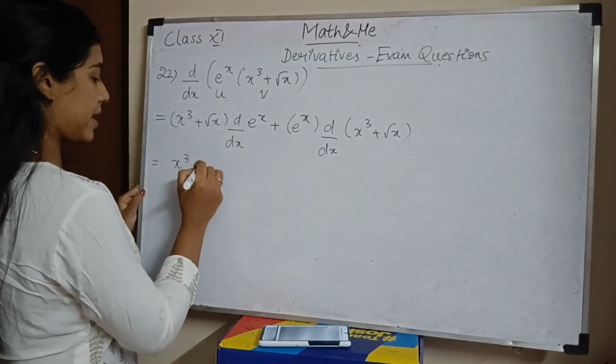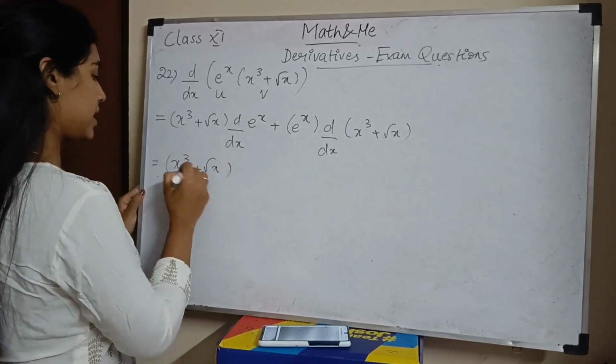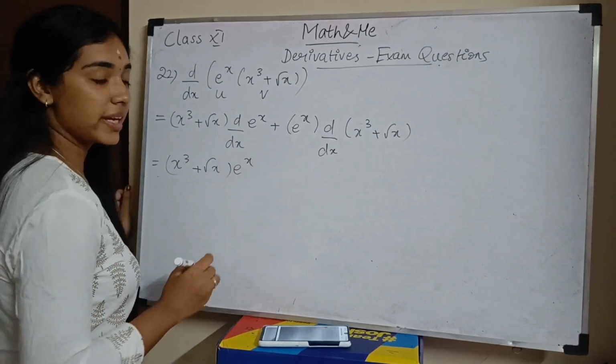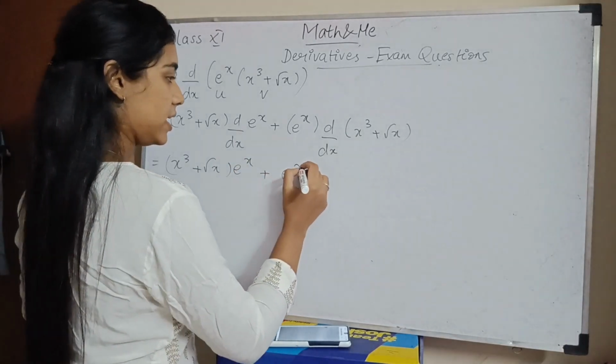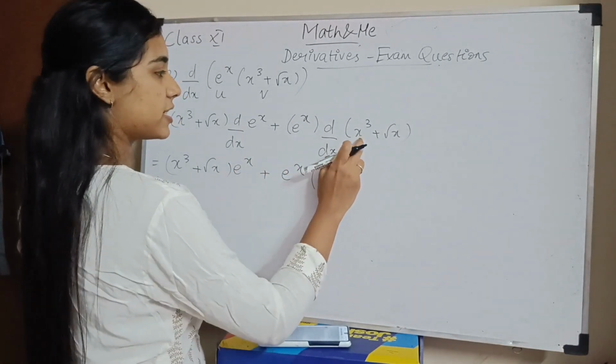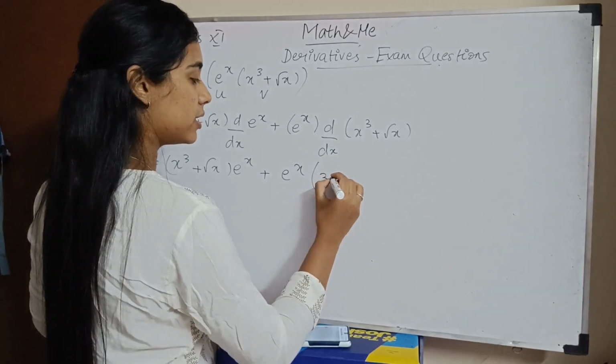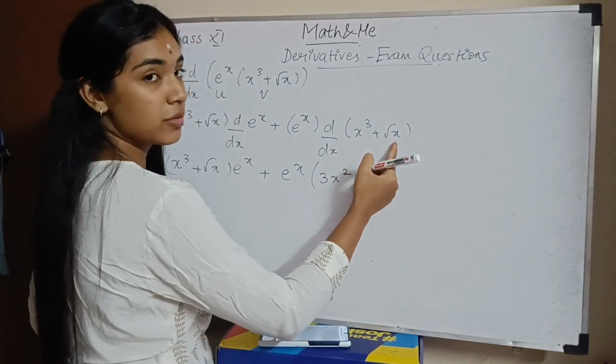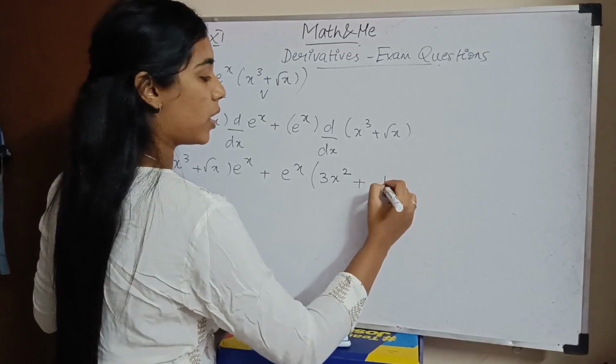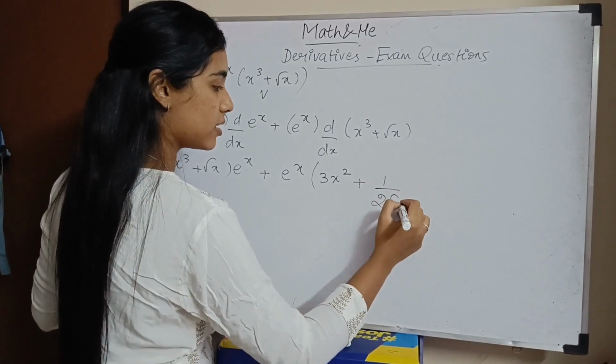This remains the same. d by dx of e to the x is e to the x, plus e to the x of, what is the derivative of x cube? 3x square. What is the derivative of root x? 1 by 2 root x. That is your answer.